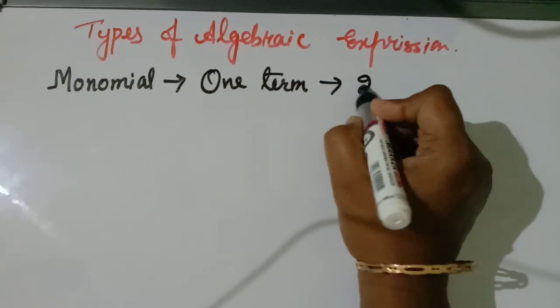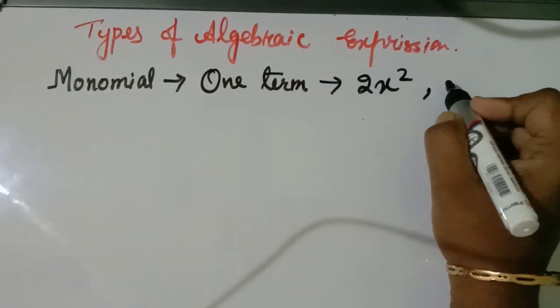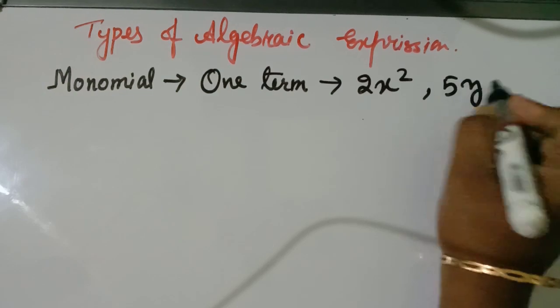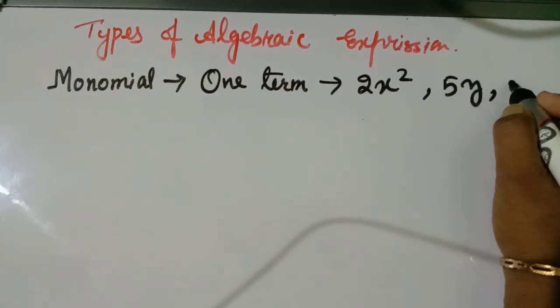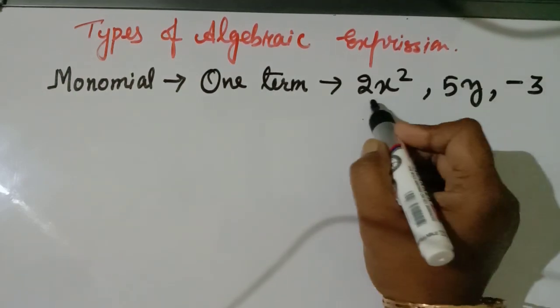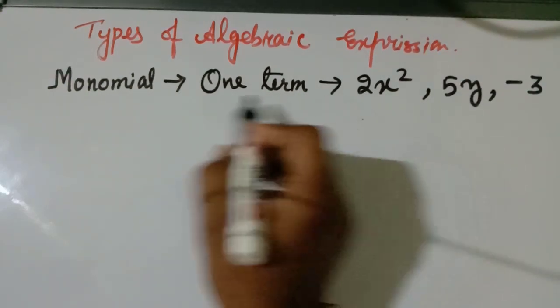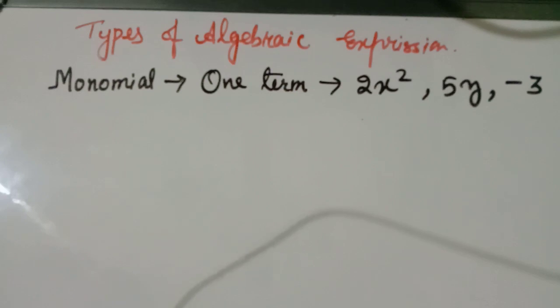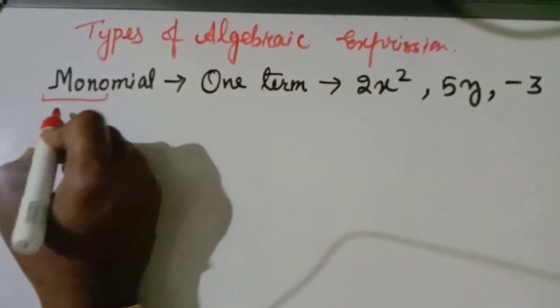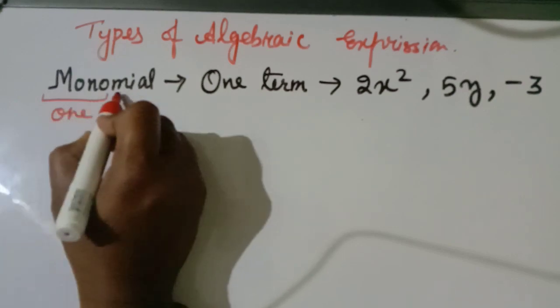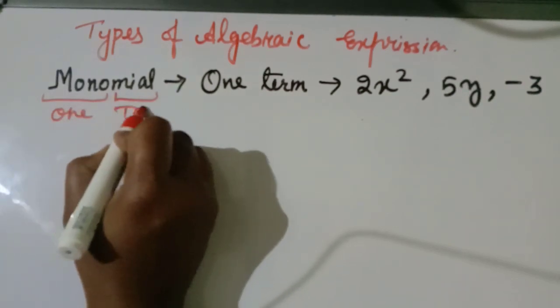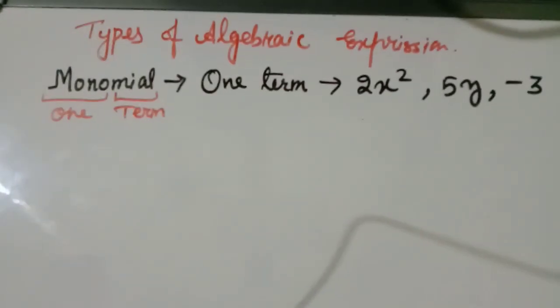Example, suppose 2x square or 5y or minus 3. All these consist of only a single term, one term. So, they are known as monomial. Mono means one. Always remember, mono means one. And mial means term. So, one term.